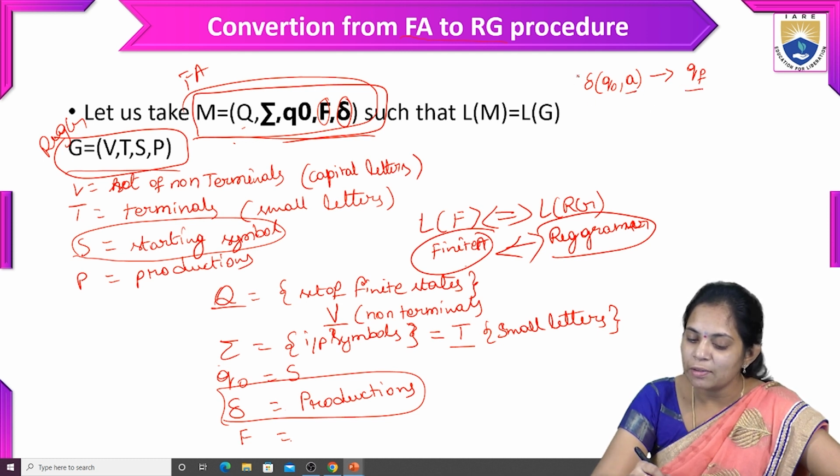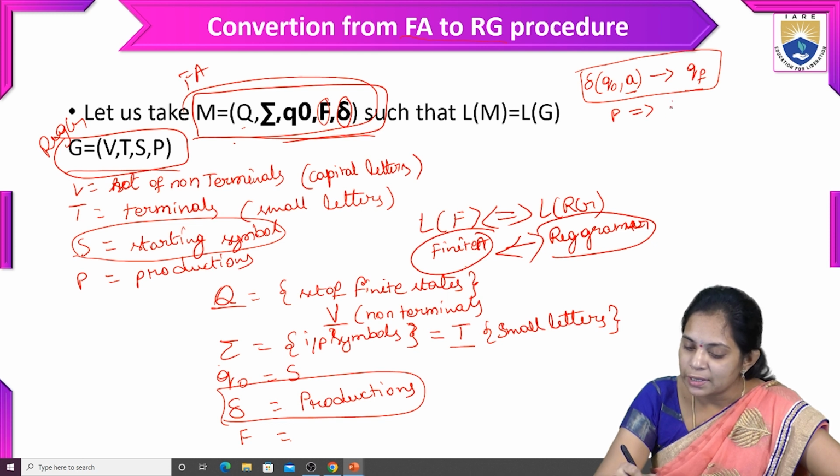In this kind of situation, we have to write the production rules. P is equal to the starting state S, and it is reaching the final state with the input symbol a, where qf is the final state.